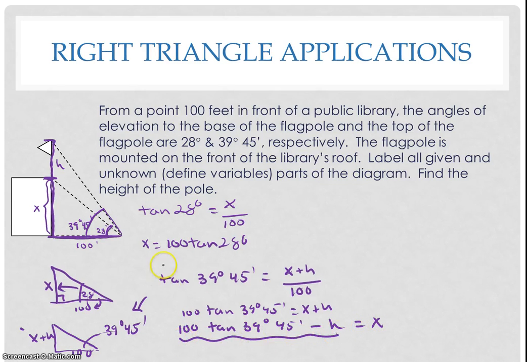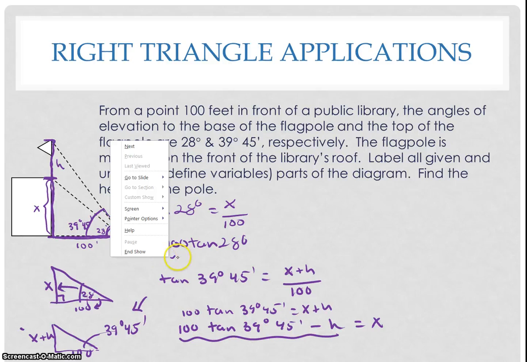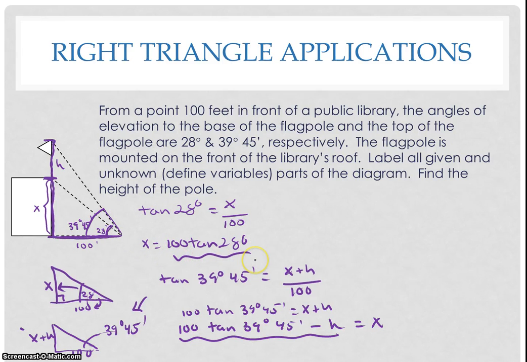Now I have two expressions that equal x. So those both equal x, so they can equal each other. So I know that 100 tangent 28 degrees is 100 tangent 39 degrees, 45 minutes, minus h.